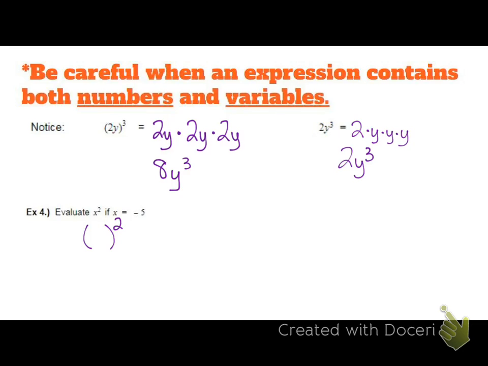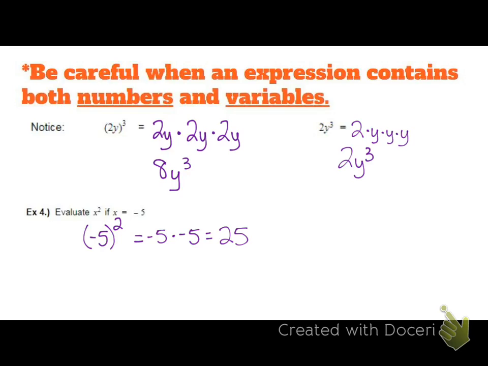Inside of those parentheses, I would put whatever I'm plugging in, which in this case would be the -5. This means that I'm taking -5 times what? 2. Not times 2, Dominic. -5. Times -5.